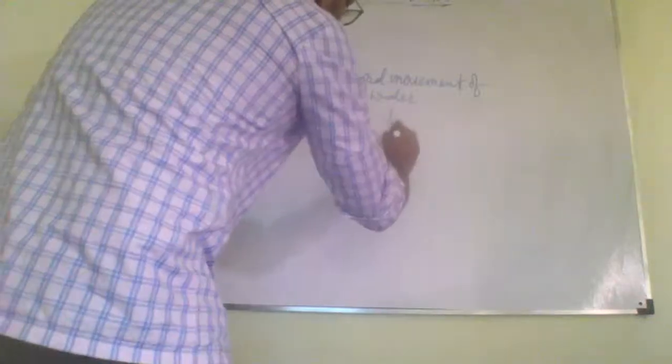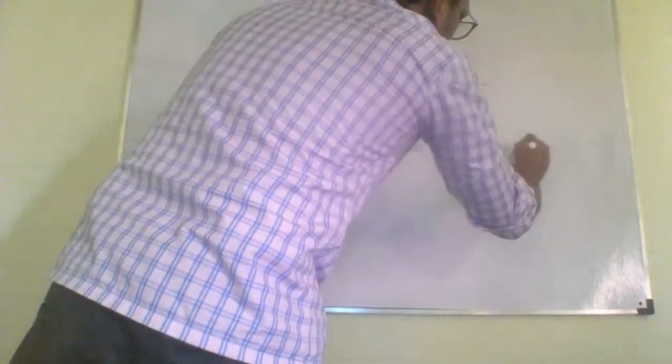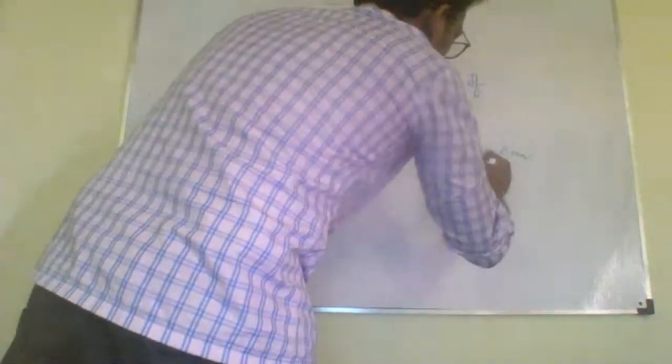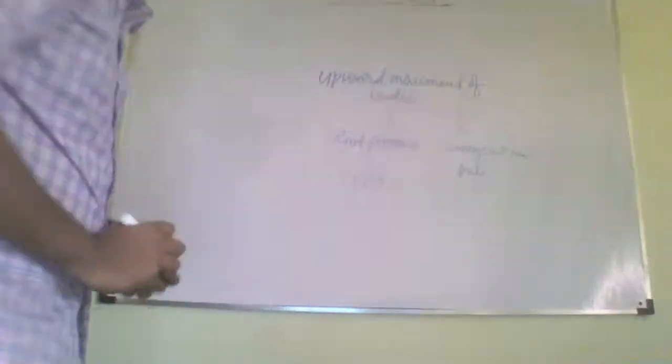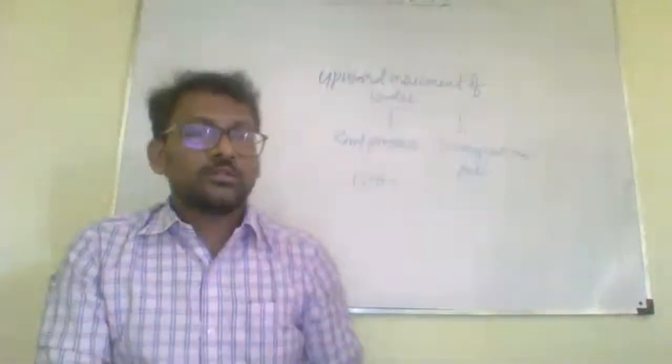Okay, upward movement of water. When we talk, we have both root pressure and we have transpirational pull. So this is something like a negative hydrostatic force. This is a positive hydrostatic force. Hydrostatic pressure.